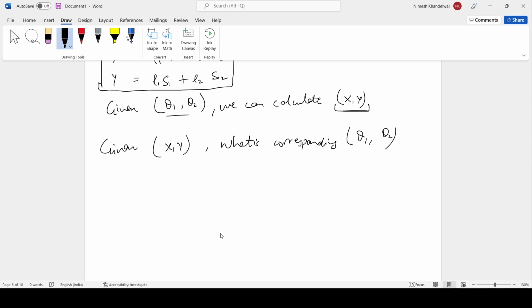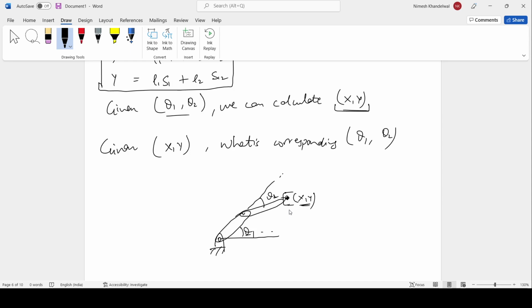This just means that we know where we want the end effector to be. Let us say we want it to be here. We know the coordinates x and y. Now, what are the joint angles that are required to reach this position?